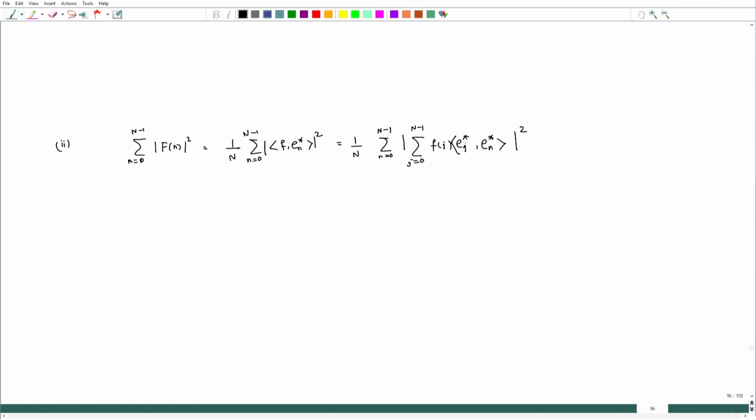Again, by the orthonormality of E j star, this inner sum is going to survive only when j is equal to n, otherwise it is going to be 0. So, therefore, this is the summation over n equal to 0 to n minus 1 of mod of f of n square, and that is our Parseval identity.